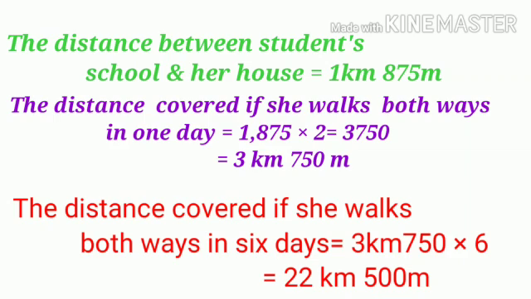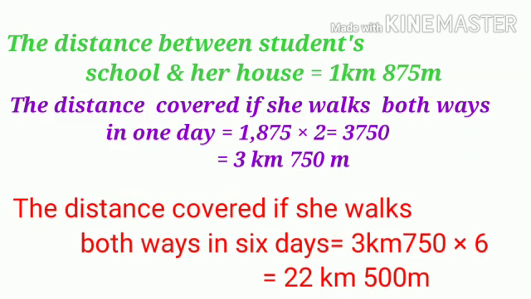Next, how much distance will she cover in 6 days? We need to multiply here by 6. We get the product as 22 kilometer 500 meter. So, this is the total distance that the girl will cover if she walks both ways.